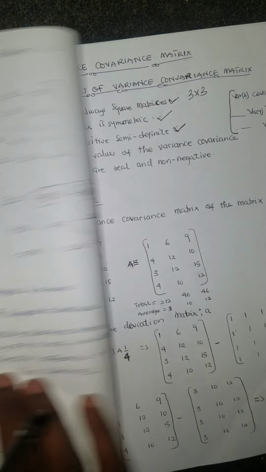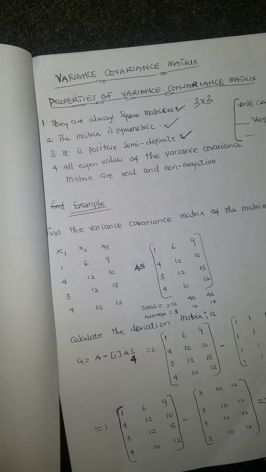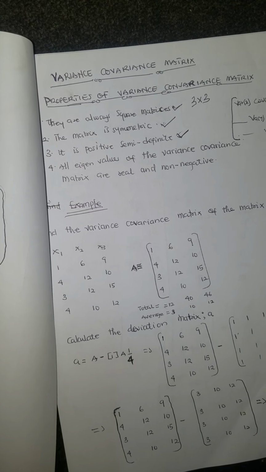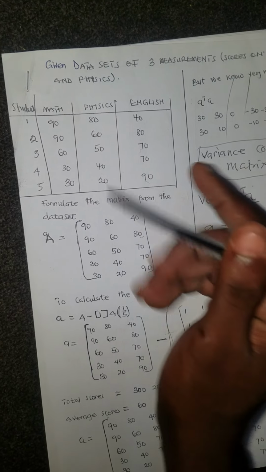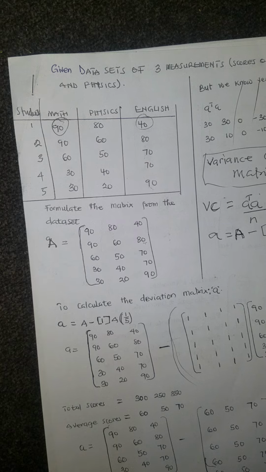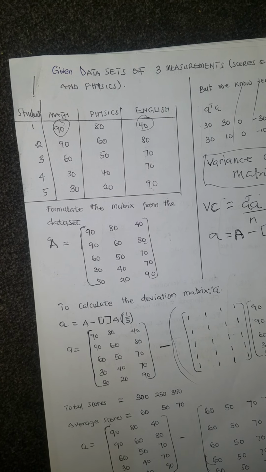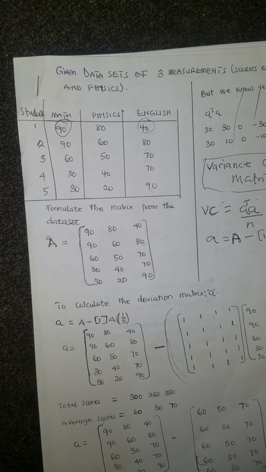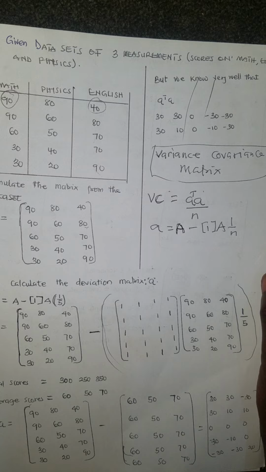But for the covariance between English and mathematics, they vary in different directions. So you see that he had here 90 and here 40. They are in different directions. It's a negative covariance. So that is why we are doing the variance-covariance matrix.